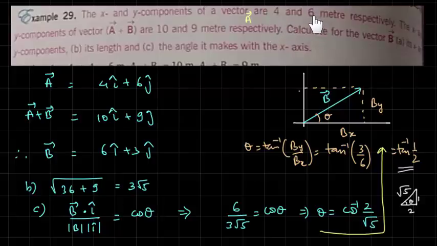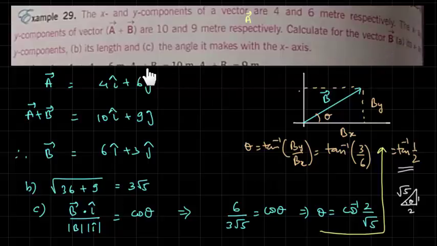So we can write it as 4 I cap plus 6 j cap, and A plus B vector's components are 10 and 9, so we can write that as 10 I cap plus 9 j cap. So if you subtract these two, you will get B vector is equal to 6 I cap plus 3 j cap. So that is the first part.